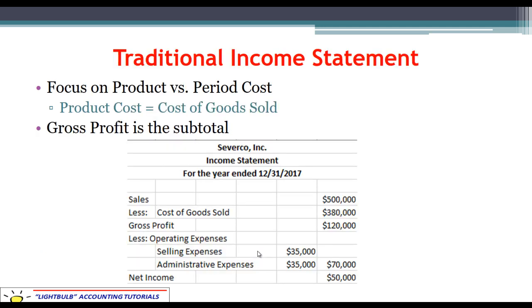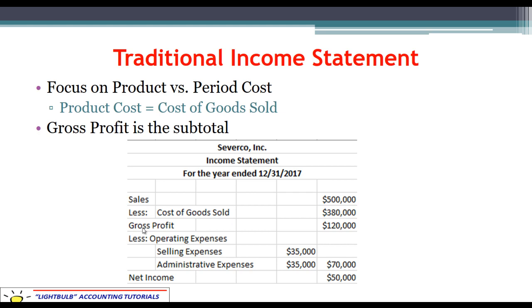Going back to our traditional income statement, this is the income statement that you would learn under financial accounting. The focus here is product versus period, regardless of fixed versus variable. The product costs that we're talking about, once we sell the product, get converted to cost of goods sold. That's the expense, so that's the determining factor here. Gross profit is the subtotal.